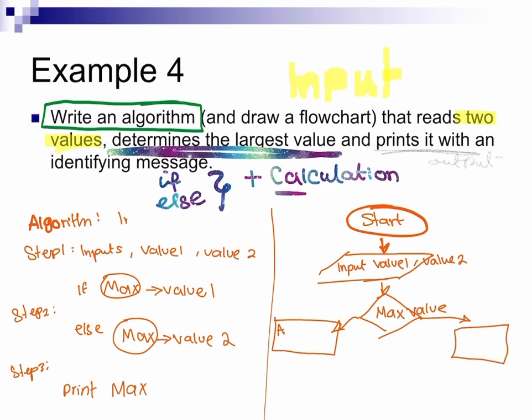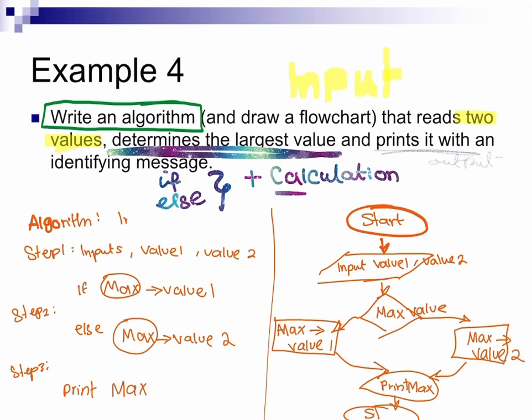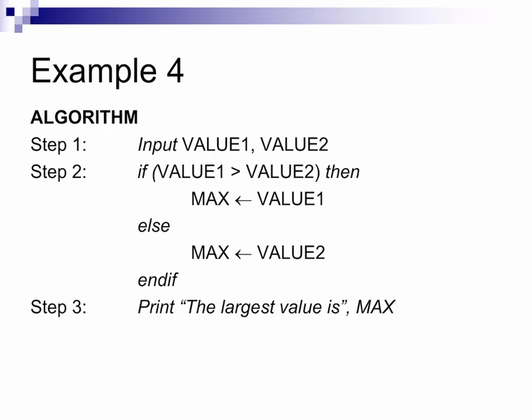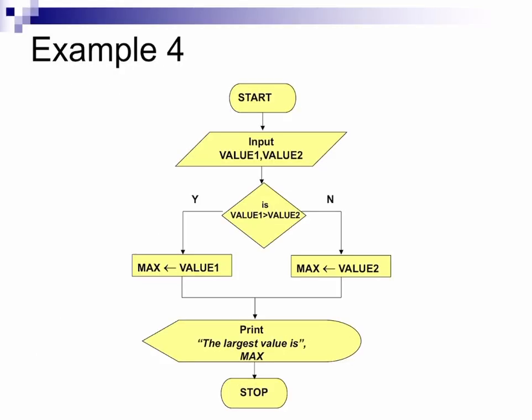So if max was value 1, else max is value 2. So we want to print the maximum value. And that's the end of our program, so we will have another oval that says stop. And here is our algorithm, and that's our flowchart.